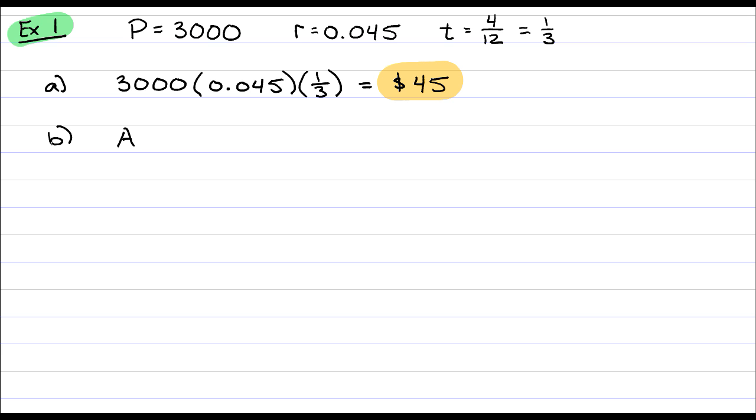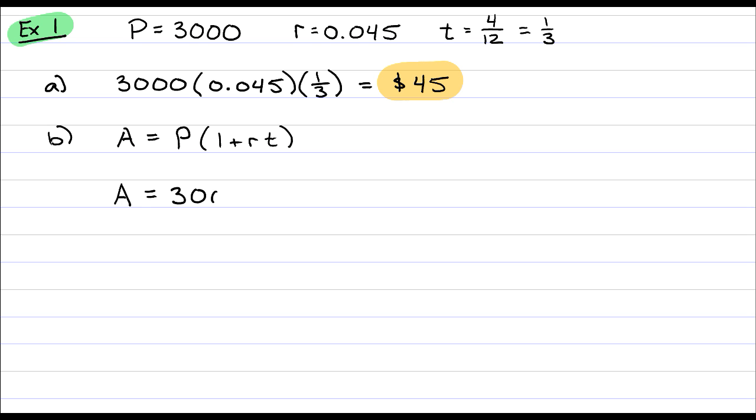So the formula for simple interest is A equals P times (1 plus RT). This allows us to calculate the amount that is paid back without actually calculating the interest as a separate step. So we want to calculate A, which is the accumulated or future value.